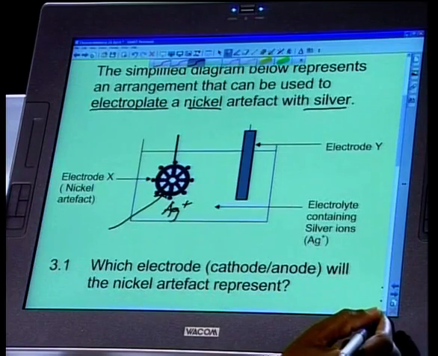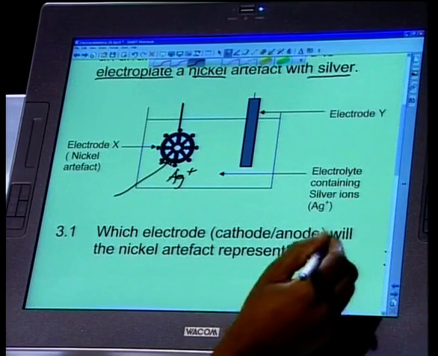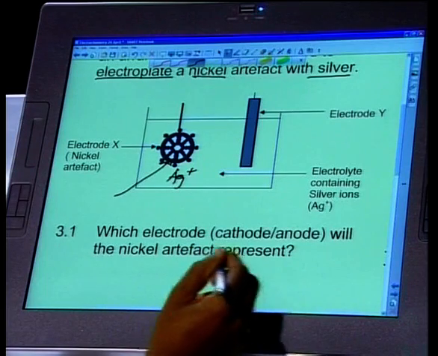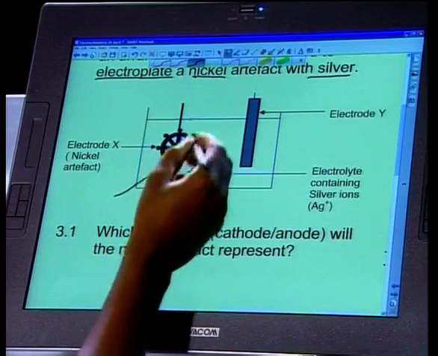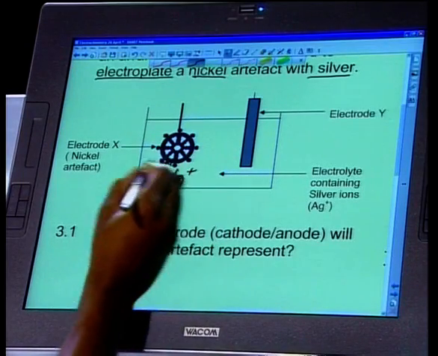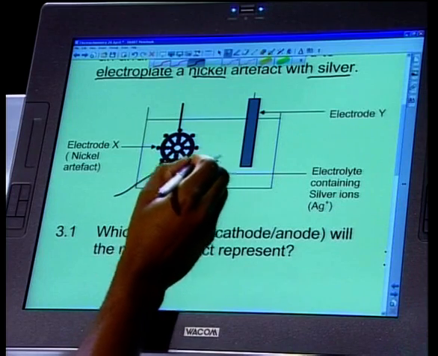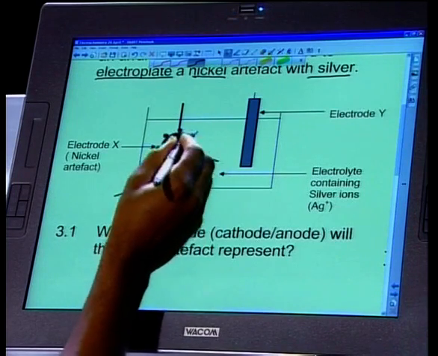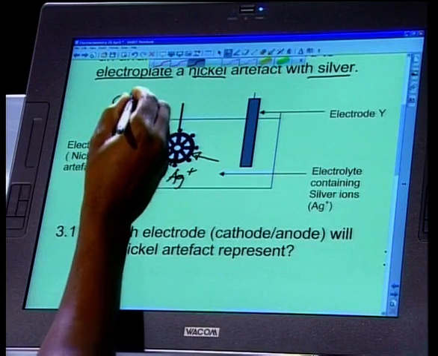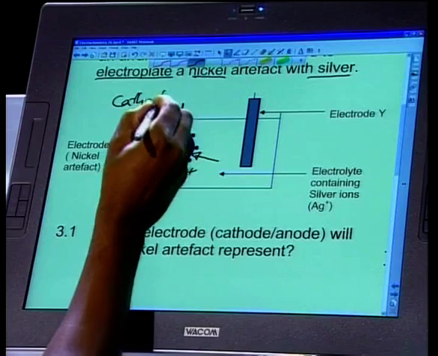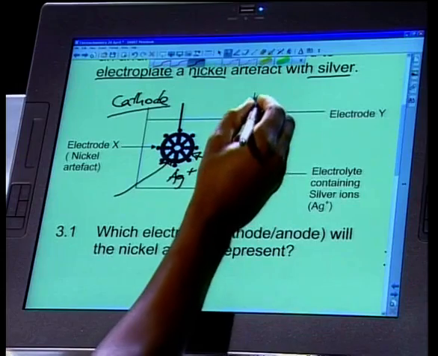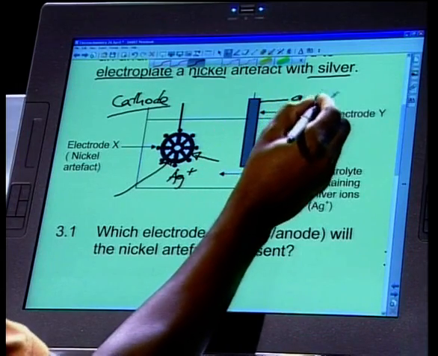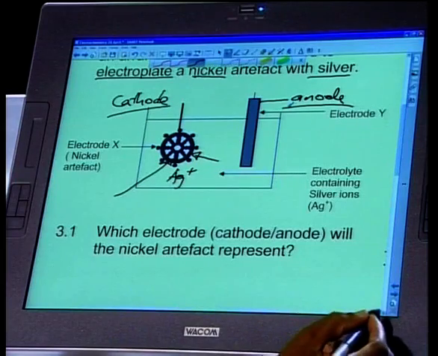The question is, which electrode, cathode or anode, will the nickel artifact represent? Is this the electrode where the silver ions will go to so that they can be reduced? It should be the cathode. So the artifact should be on the cathode side, and that will be our anode. Right.